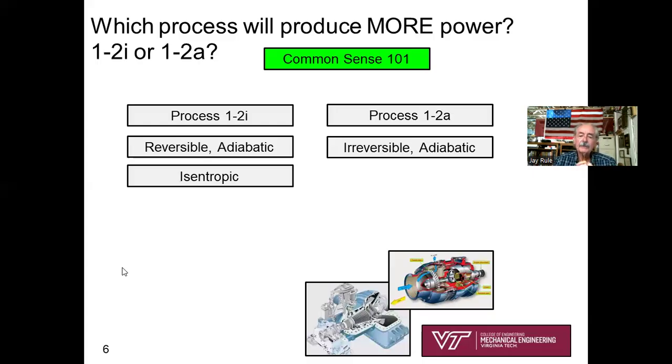When you have that, for those two processes, which do you figure which steam turbine would produce more power? 1 to 2i or 1 to 2a? Which do you figure? What does your common sense tell you? Which would you get more power out of that steam turbine to run a generator? 1 to 2i or 1 to 2a? What do you figure?